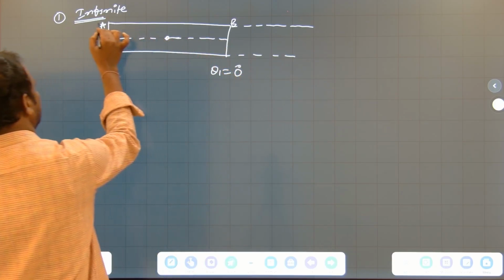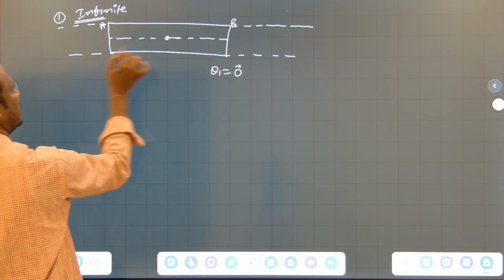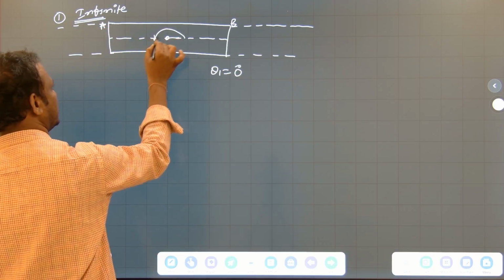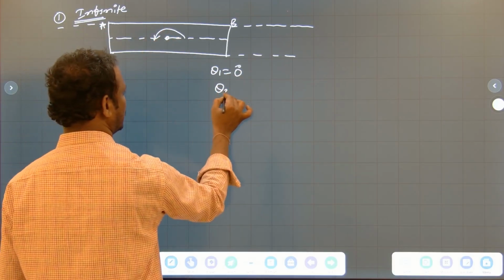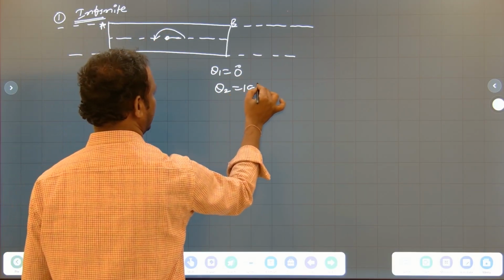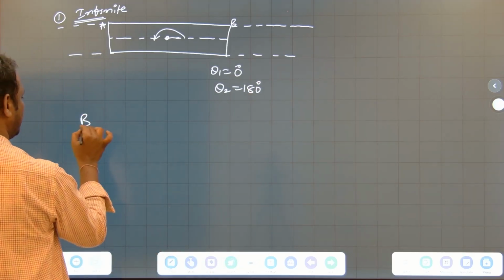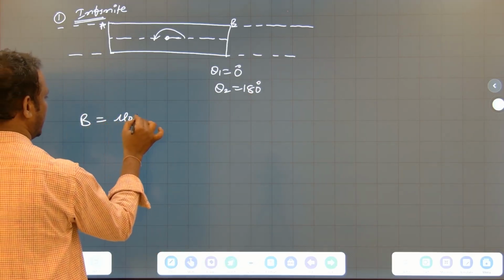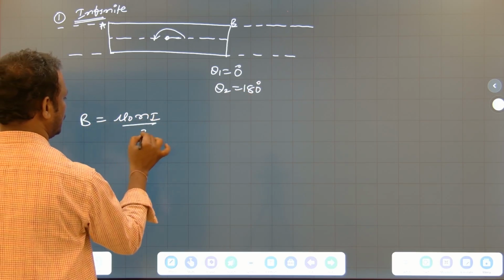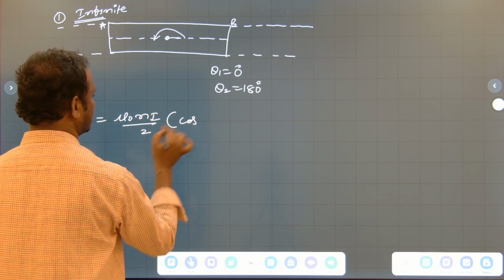On the other side, to infinity, theta 2 equals 180 degrees.